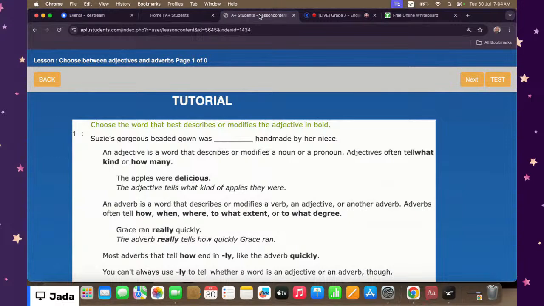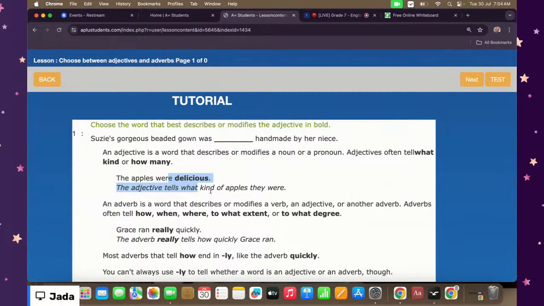Now, the apples were delicious. The adjective tells us what kind of apples. So when you say the apples were delicious, I'm going to say, oh, what kind of apples? You say the delicious apples. So when you say that, it just simply tells us about what kind.